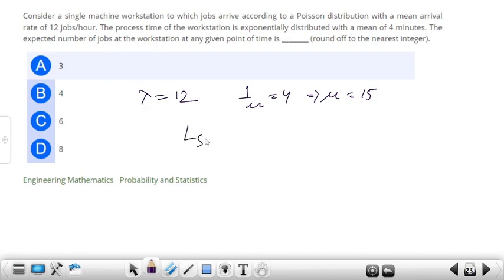So length of the system is equal to rho divided by 1 minus rho, and rho is equal to lambda by mu, which is 12 by 15.